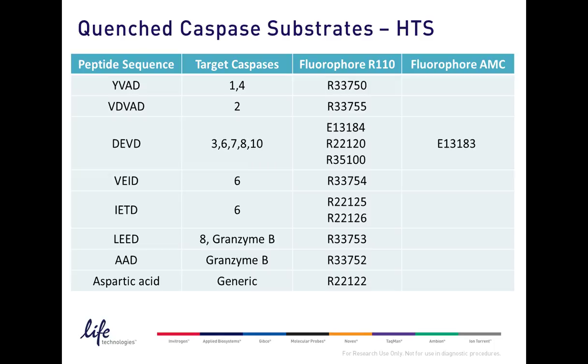And then some of the generic aspartic acid residues that will be cleaved by a lot of different caspases, and some peptide sequences for caspases 1, 4, and 2 up at the top. Almost all of them are using green fluorophores, rhodamine 110, although we do have a blue AMCA fluorophore there as well. These only work in cell lysates, but they give you a lot of flexibility to assay specific caspases.